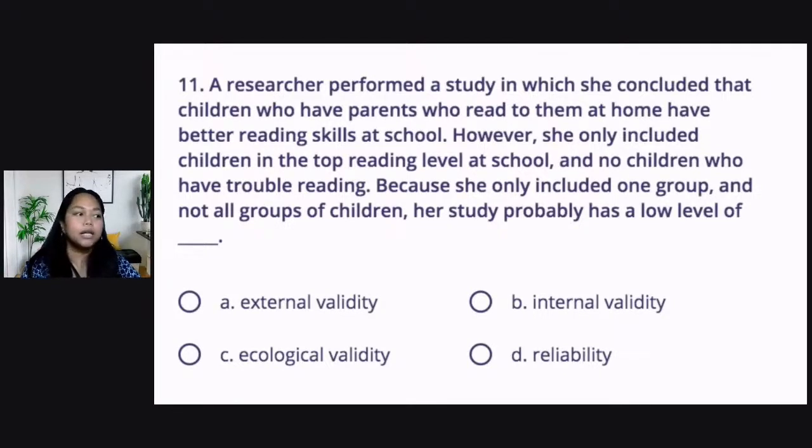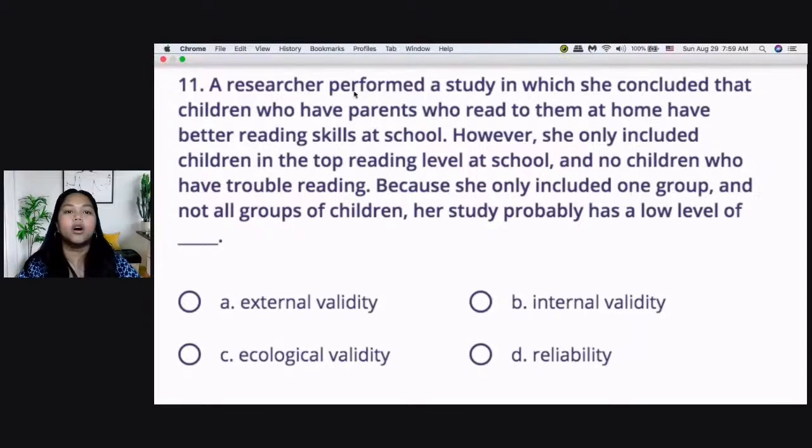Yung external validity mo, kung in-apply mo ba yung research na to in another part of the world, another country, for example, another area in your own country, ganun pa rin kaya yung magiging results. And of course, your ecological validity, may pakinabang ba yung naging result ng inyong research? Pwede ba siyang gamitin, mai-apply in the real world? Okay?